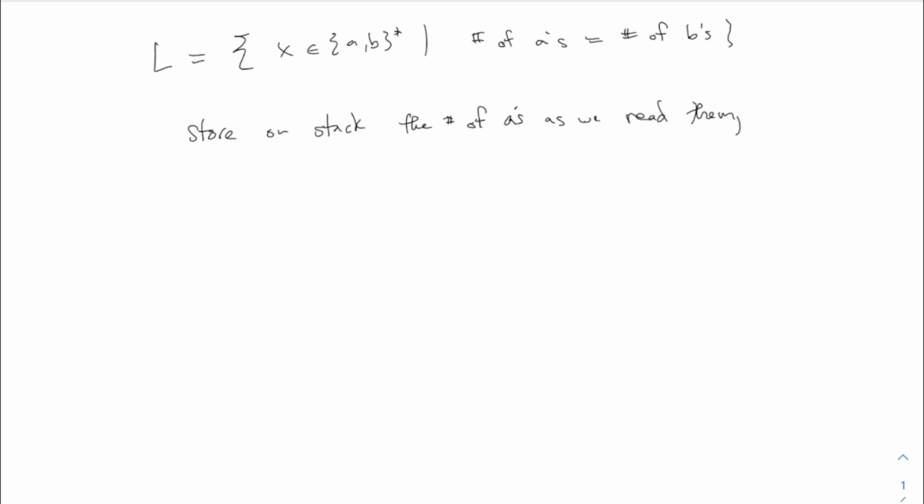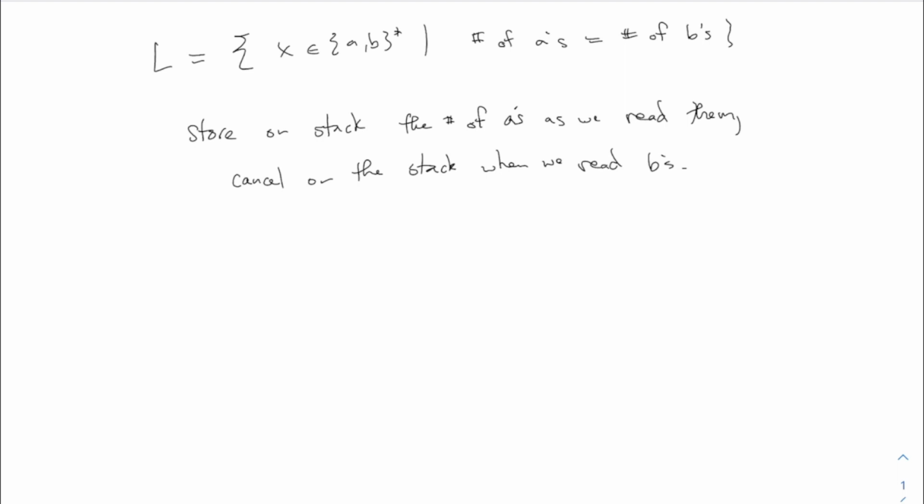So store on the stack the number of a's as we read them, and cancel on the stack when we read b's. Then by the time you get to the end, if the number of a's equals the number of b's, you'll end up with nothing on the stack, which is what we want to be accepted in a stack machine. This is the general idea.